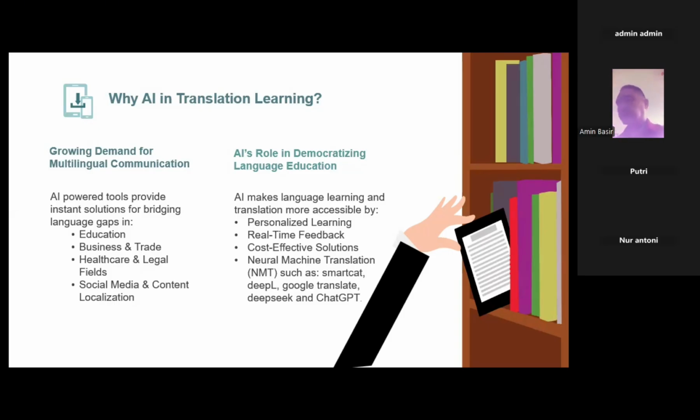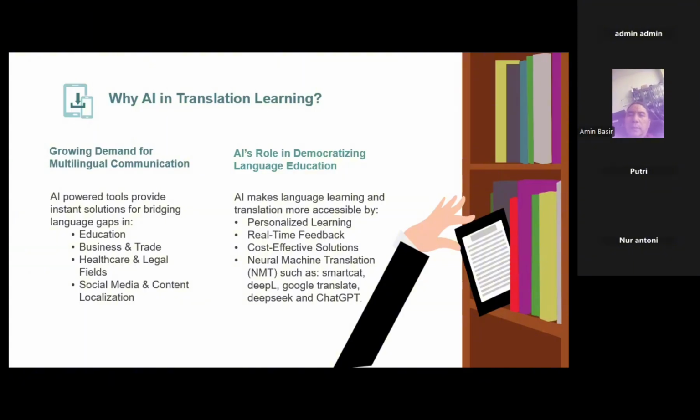What does it mean? It means that NMT is a tool that can assist or can combine all the information of translation data.